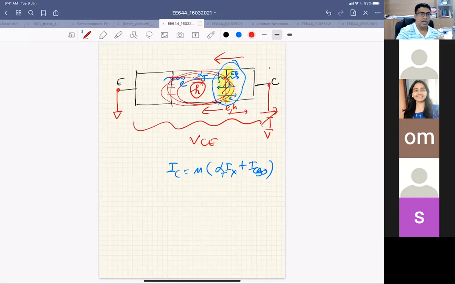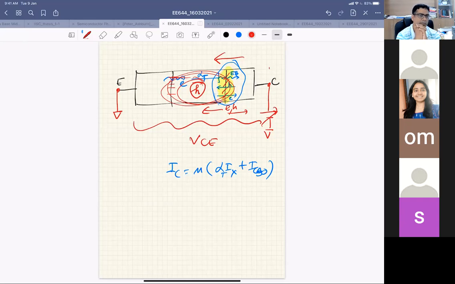But in this process, there will be a net amount of holes at any point of time in the base, in the steady state condition. So that net amount will increase the potential of the base and it will further bias the base emitter junction.